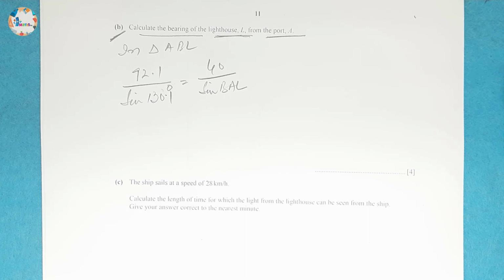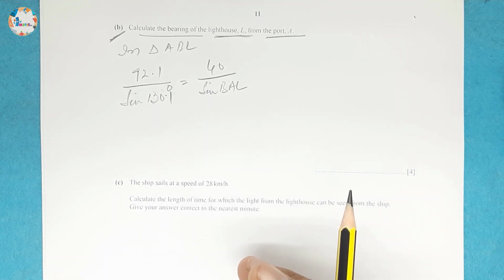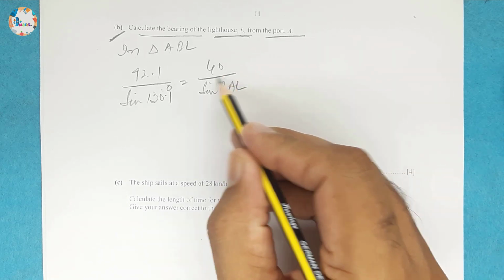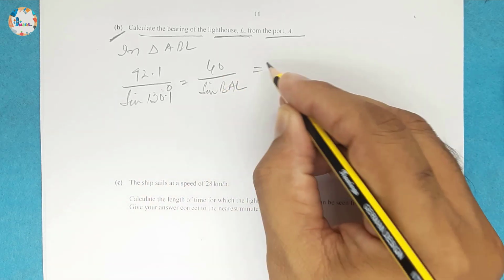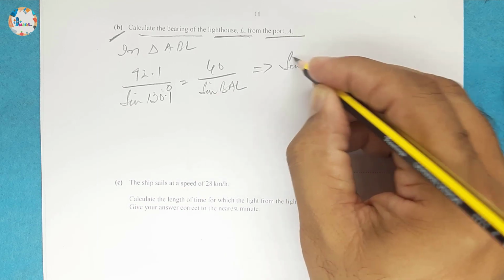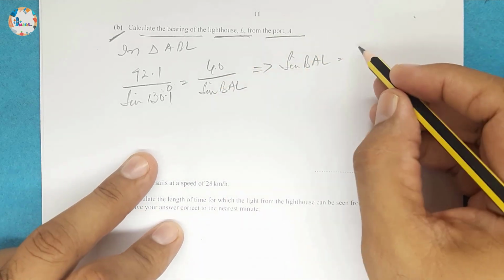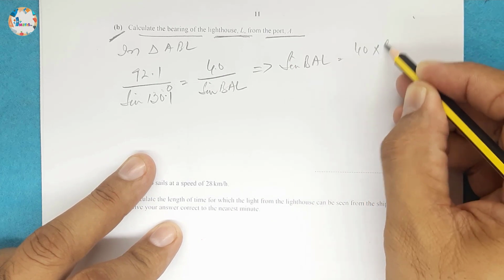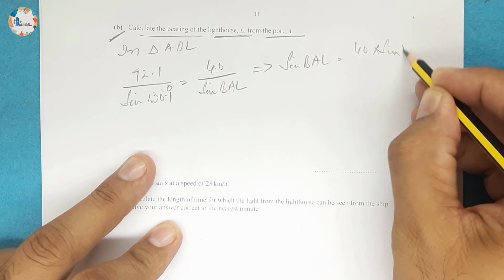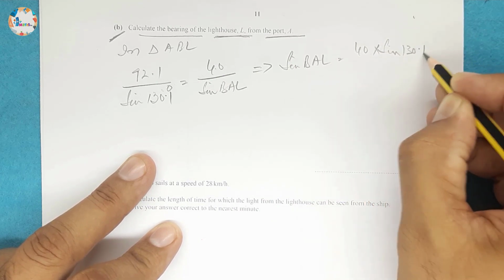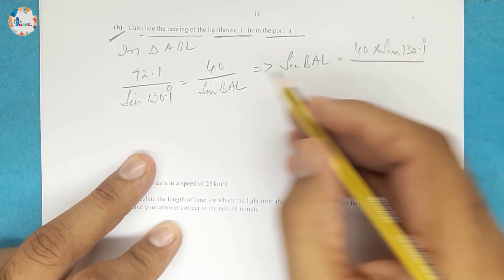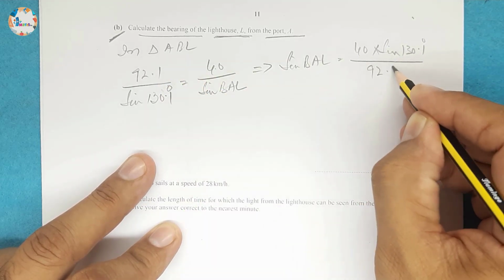Now we can calculate the sine of this angle. We have to simplify this, so sine of BAL will be equal to 40 multiplied by sine of 130.1 degrees, divided by 92.1.